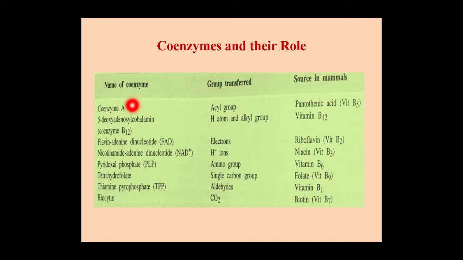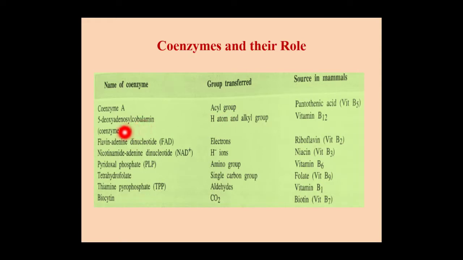Coenzyme B12, also known as 5-deoxyadenosylcobalamin, obtained from vitamin B12, transfers hydrogen atoms and alkyl groups. FAD, flavin adenine dinucleotide, obtained from riboflavin vitamin B2, transfers electrons.